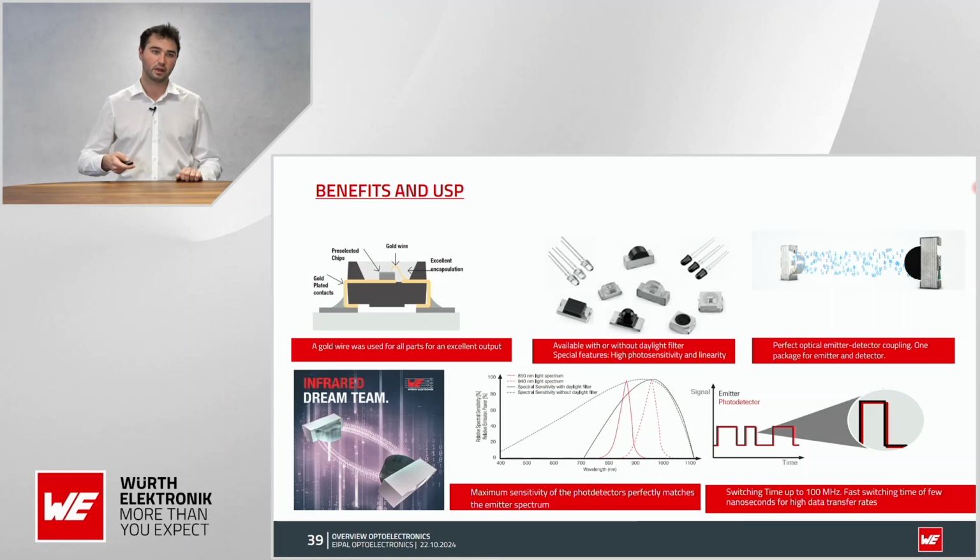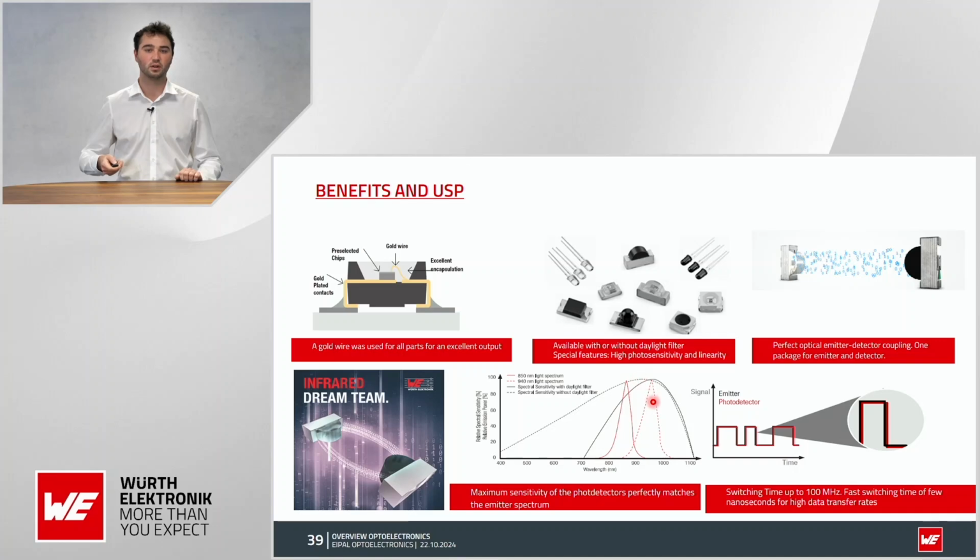For the infrared components, of course, you always want to be careful that the emitting spectrum is similar to the absorbing spectrum. So here in the dashed line, you see, for example, the emission spectrum of an infrared LED, and the other dashed line is the absorption spectrum of a photodetector, so a photodiode or phototransistor.